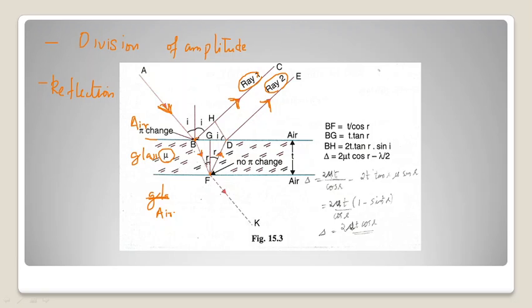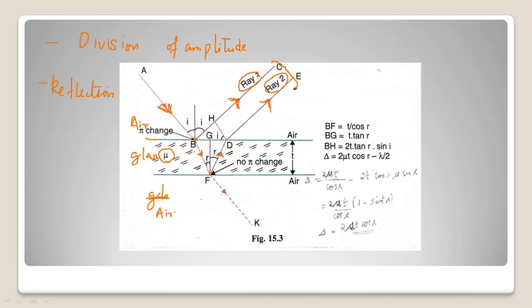One takes a path like this, from A it reaches B and goes like this and reaches C, and the other takes a larger path: it goes from A to B and then goes inside and reaches point F. From there it is reflected and reaches D, and from there it goes up to E.